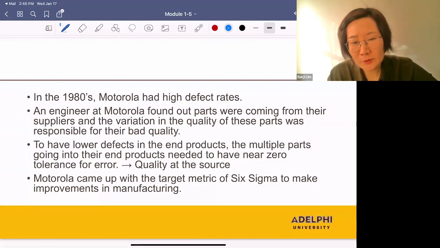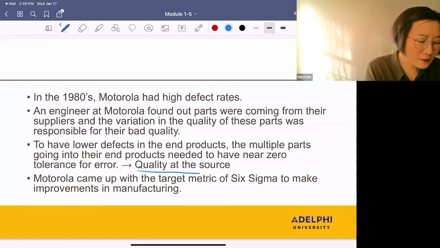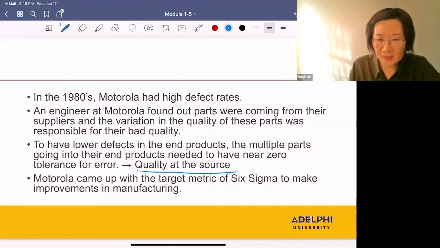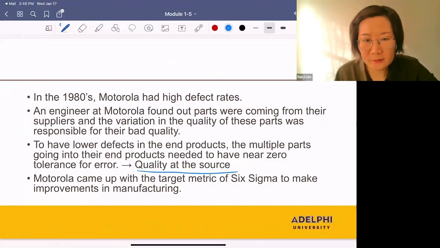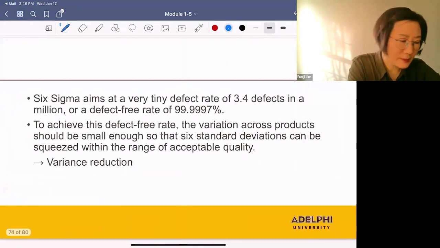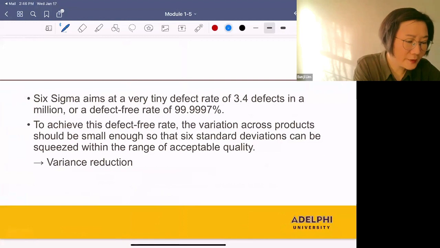So to have lower defects in the end products, the multiple parts that are going into their end products needed to have near zero tolerance for error. This is called quality at the source. Motorola came up with a target metric of Six Sigma to make improvements in manufacturing. So Six Sigma is aiming at a very tiny defect rate of 3.4 defects in a million.